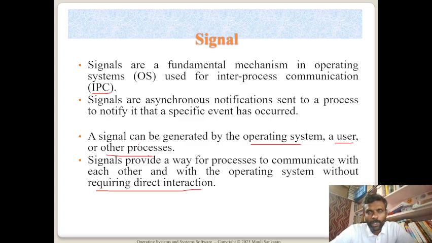Or one process can generate a signal and send it to another process. For example, the parent process can generate a signal and send it to the child process. Signals are asynchronous notifications sent to a process to notify it that a specific event has occurred.